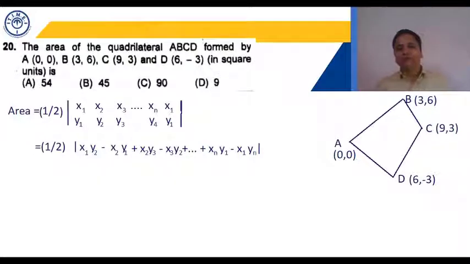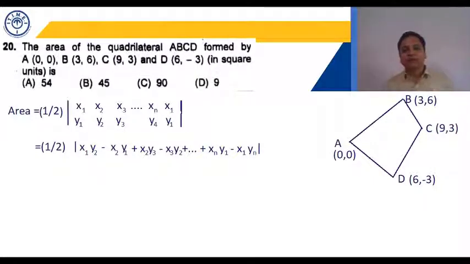So first we draw a rough figure. Coordinates are given as 0,0; 6,-3; 9,3; 3,6; ABCD. Now to use this expression, half of x1 y1, x2 y2, x3 y3 up to xn yn, write all the coordinates in an order, maybe clockwise or anti-clockwise, then repeat the first.